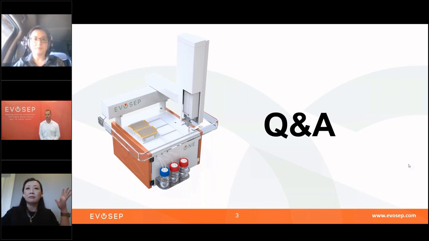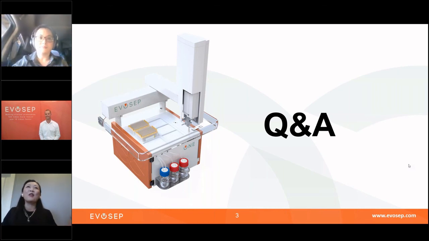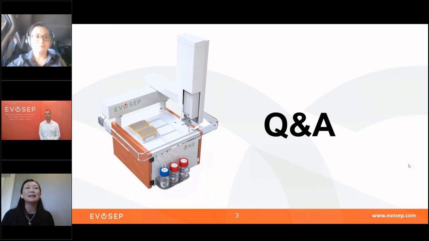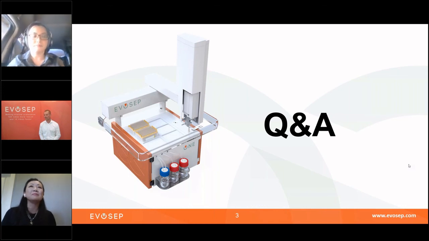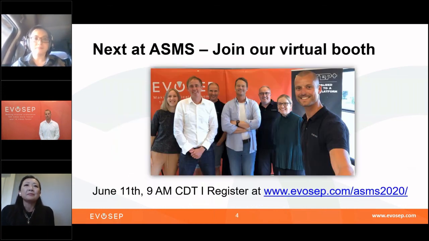It's all integrated: Evosep, mass spec and software can be purchased. Perfect. And I know that you have also made an application note about this, so basically the entire recipe of how to get this going is available. Perfect. Okay.